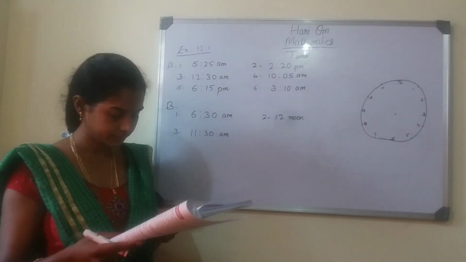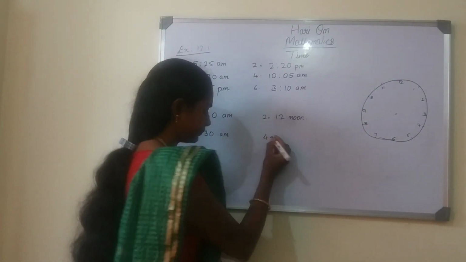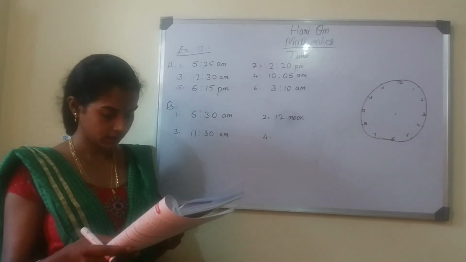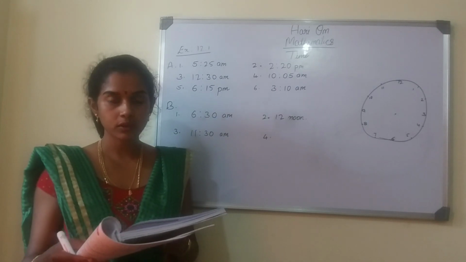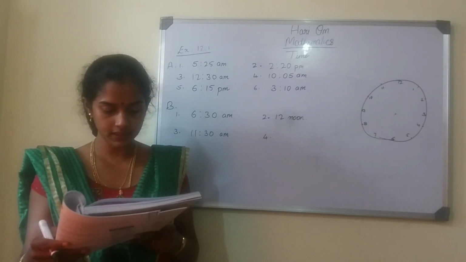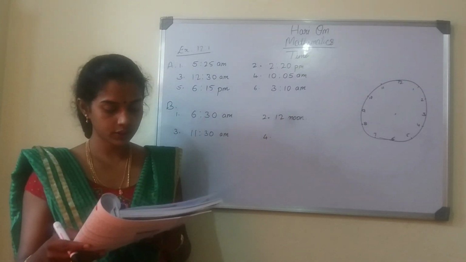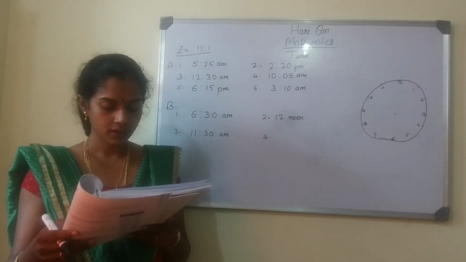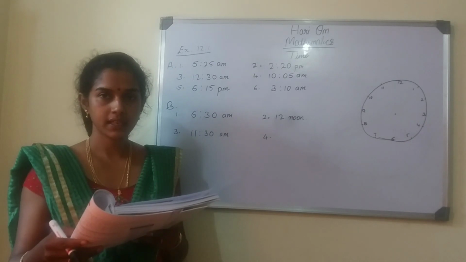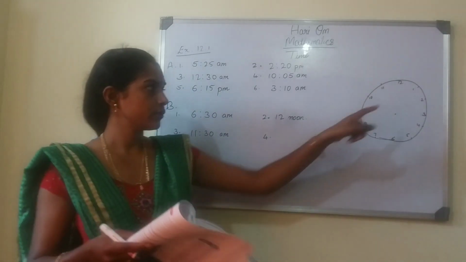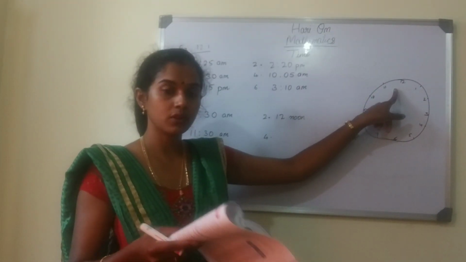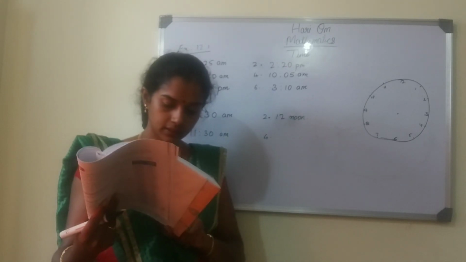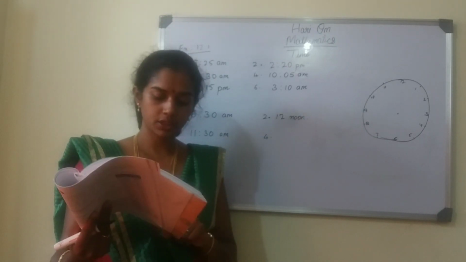Understood, children? So fourth one, 12 o'clock 45 minutes AM. AM is night, midnight. So before 12 o'clock again it becomes 11 o'clock, but here the AM will change to PM.